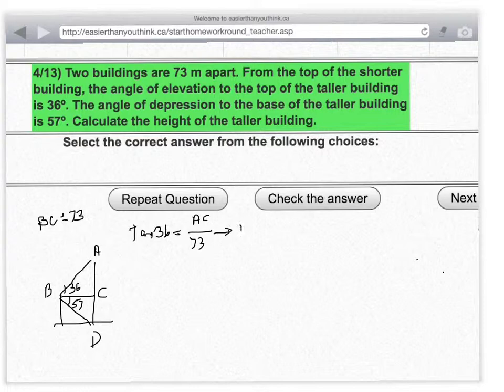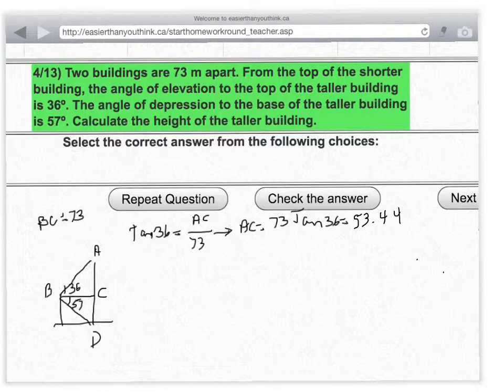So from here, AC is 73 tan 36, and 73 tan 36 is going to give you 53.44.